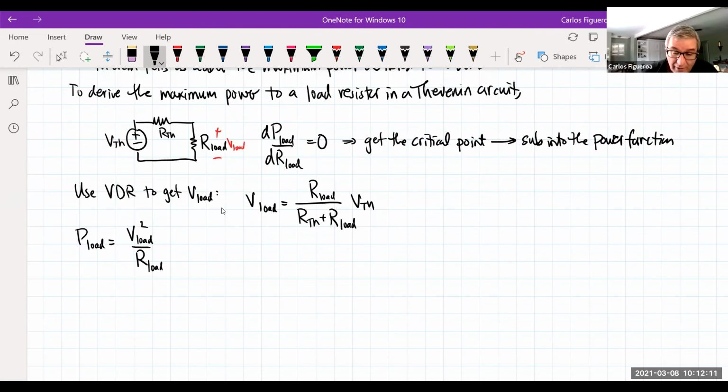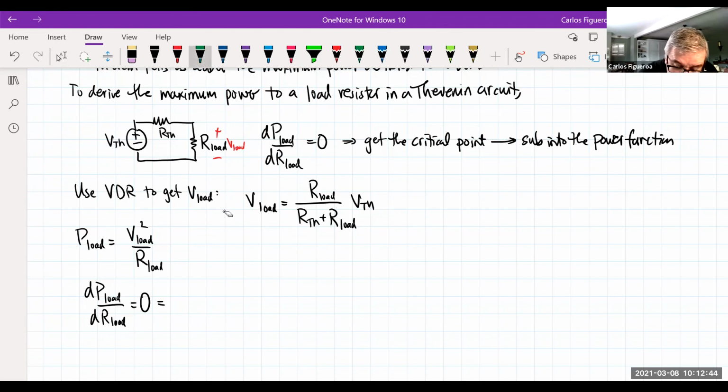Now I want to take the derivative of this. If I take the derivative of the power of the load with respect to the load, and of course that's got to be equal to 0, then note that when I look at this voltage of the load, the R load is a constant, right? So I'm going to pull this constant out. So I got R load. Now wait, we're taking the derivative with respect to the load.